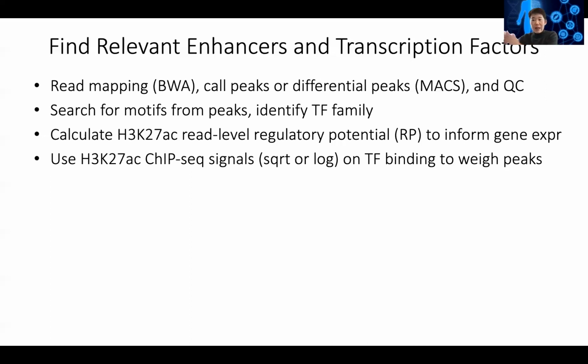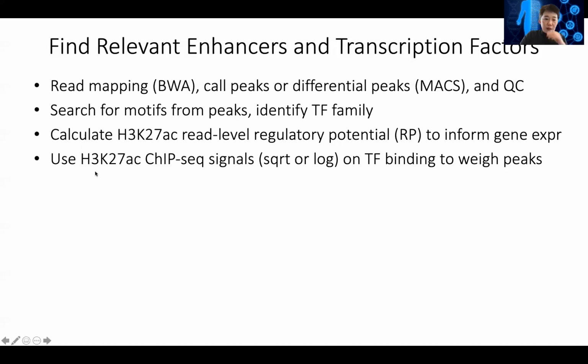Interestingly, if you look at that particular peak, the TF binding location, and look at how much K27 acetylation signal is in this location, it does have an effect. For example, if you have two peaks nearby, and one peak has 50-fold K27 acetylation signal, and another peak only has 5-fold K27 acetylation signal, we will know that the 50-fold K27 binding site has a stronger effect on this nearby gene than the 5-fold one.